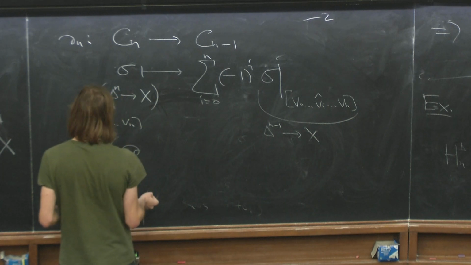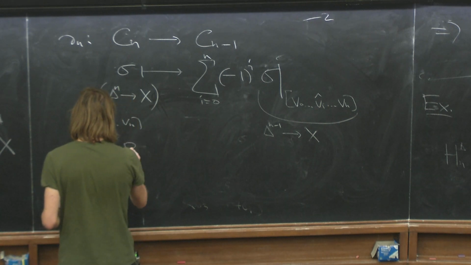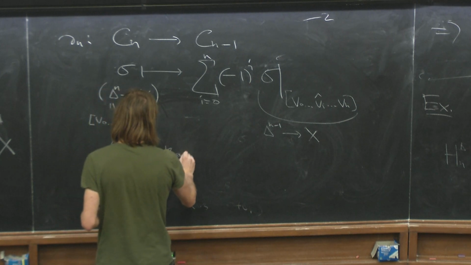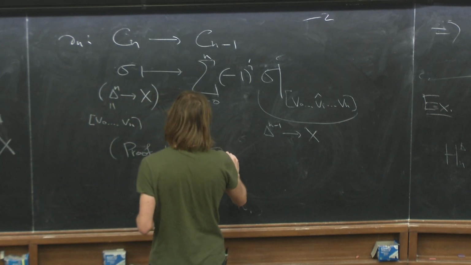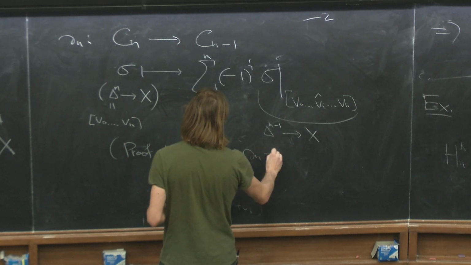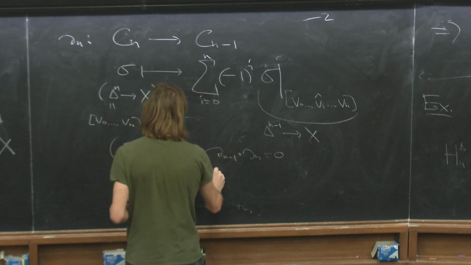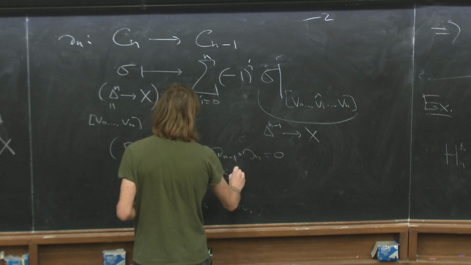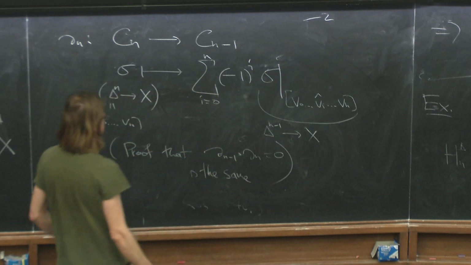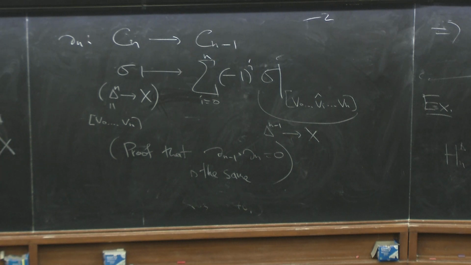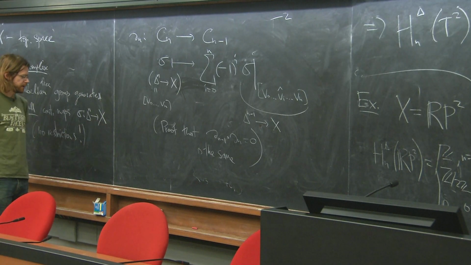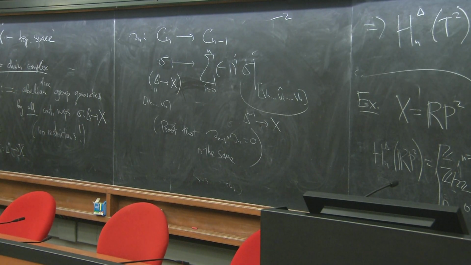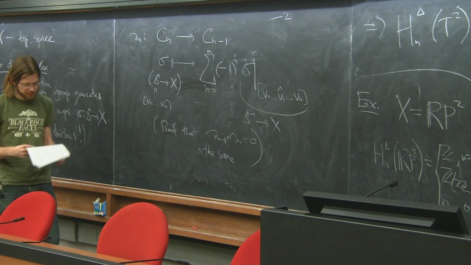And the proof that the composition of dn-1 and dn is 0 is the same. Literally, I just follow the same argument. The main difference here is that there, there was a predetermined nice family of maps for X satisfying some nice properties, but here you just consider arbitrary, all possible maps.